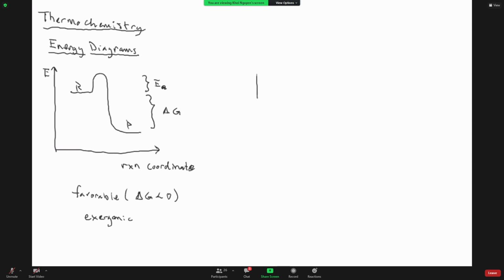The other type of reaction you can have is where your reactants start low in energy, overcome a high activation energy barrier, and end up with some lower energy, but higher than your previous starting point. This type of reaction is typically unfavorable.